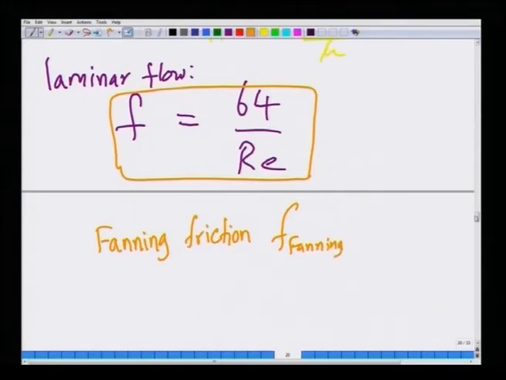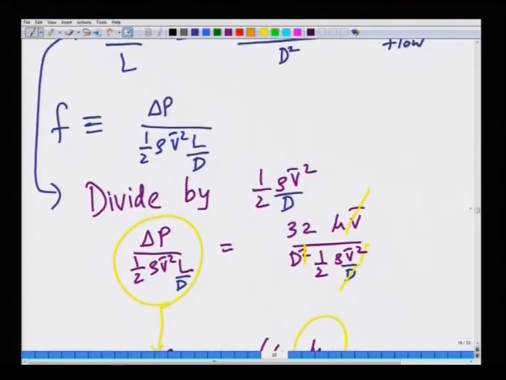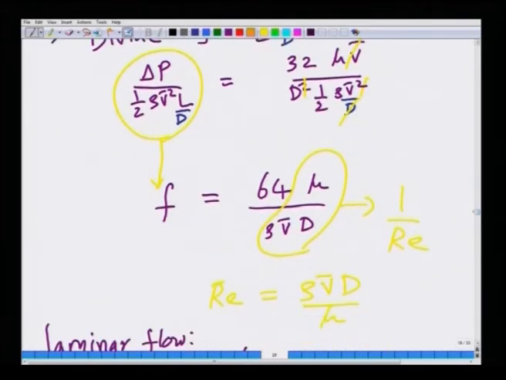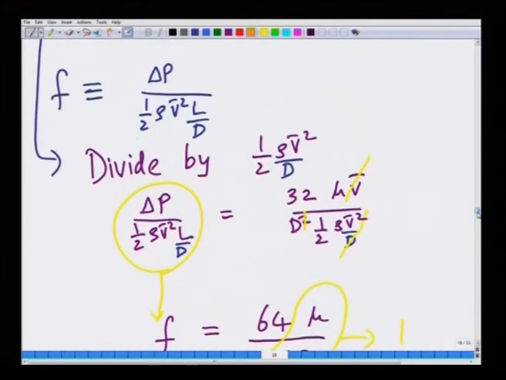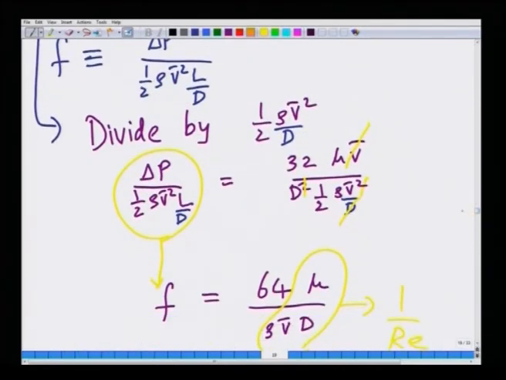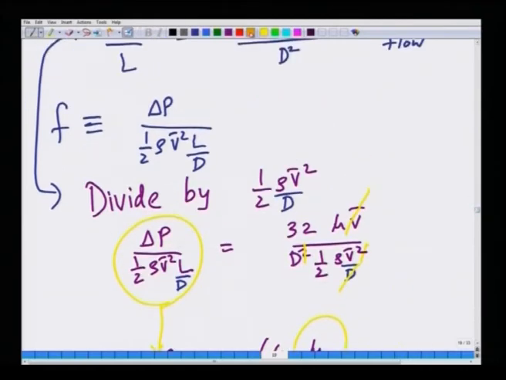Essentially, instead of half here, you will have 2 there. So the Fanning friction factor, let me write it here, is delta P by 2 rho V bar squared L by D.